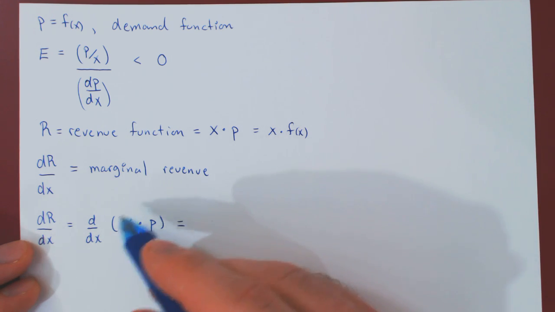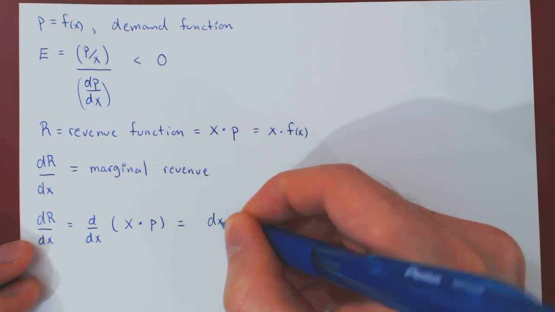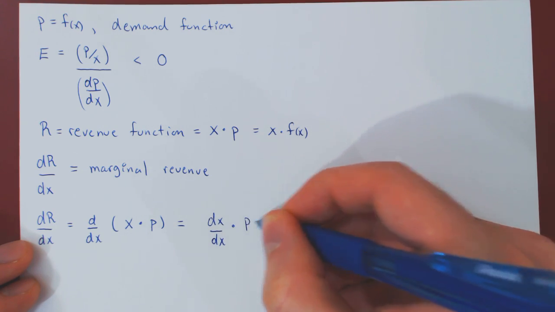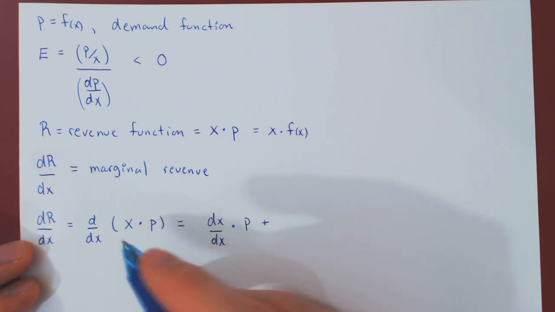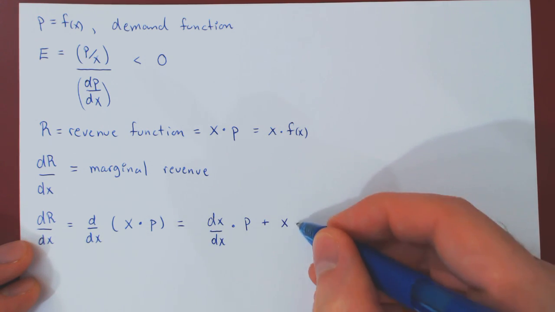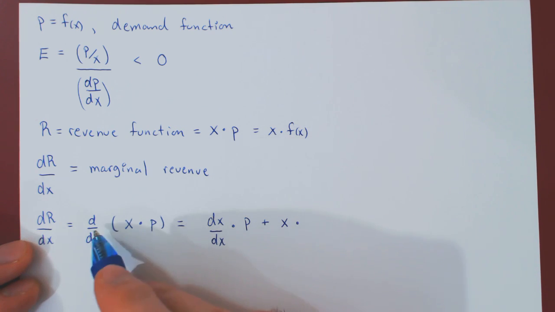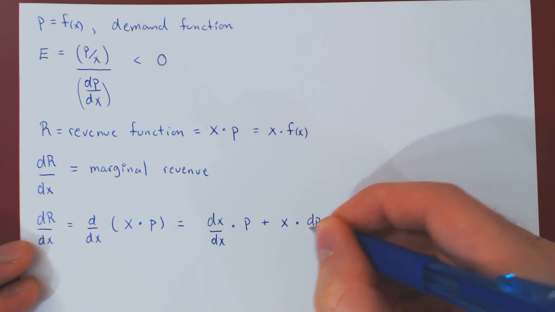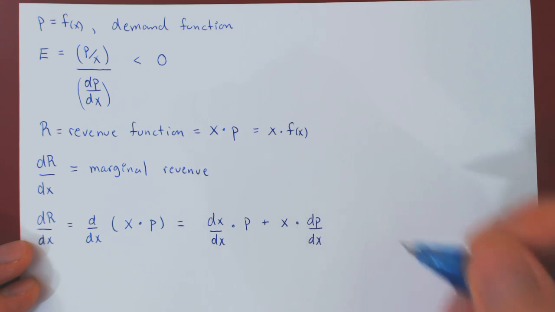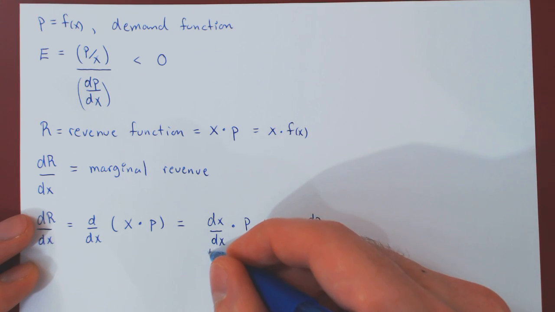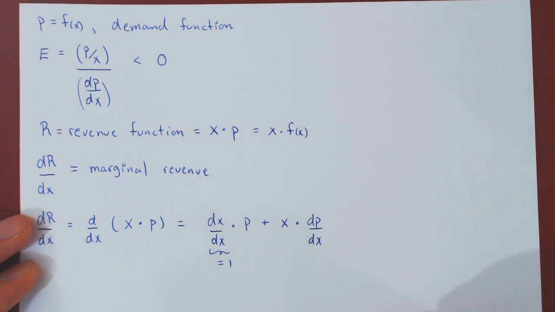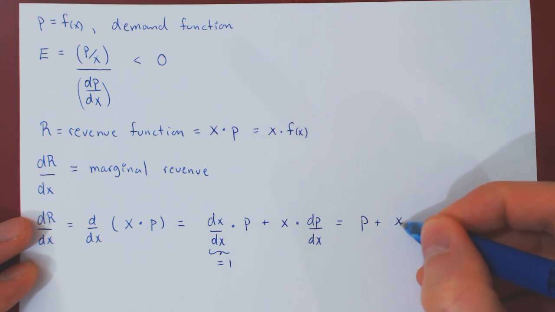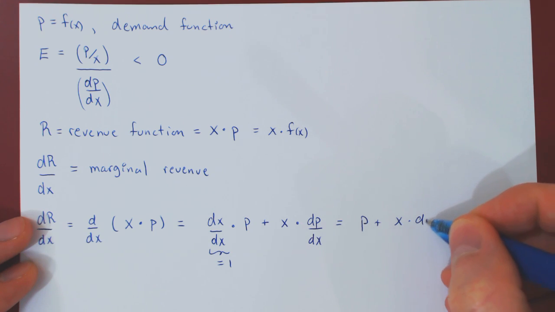So we have the derivative of the first function, dx over dx, times the second function, P, plus now the first function, X, times the derivative of the second function, dP over dx, the derivative of the demand function. Well, dx over dx is quite simply 1, so this becomes quite simply P plus X times dP over dx.